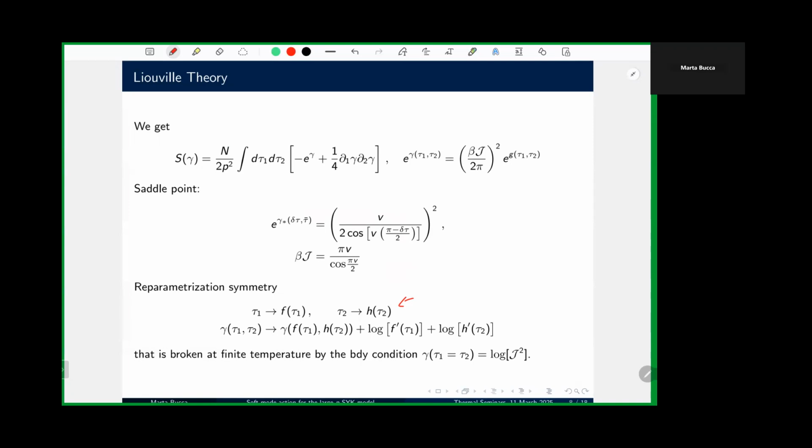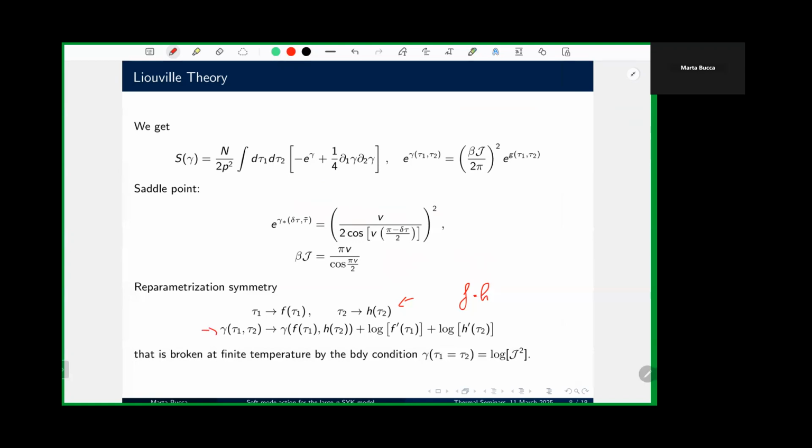This is because we haven't imposed the symmetry for G and KMS for G. Once you do, this symmetry reduces because you have to impose that f is equal to h. And so really, we don't have more symmetry than what we started with. And of course, gamma has to transform accordingly with this symmetry.